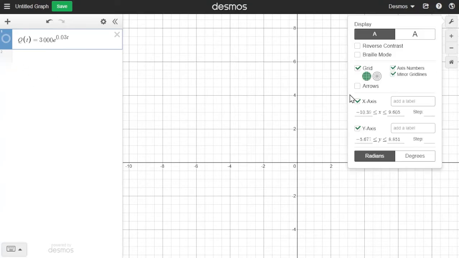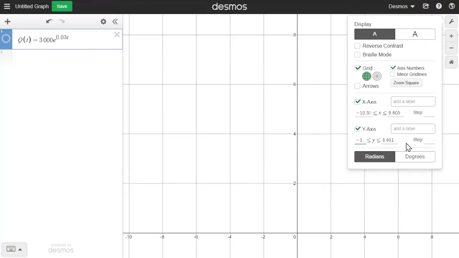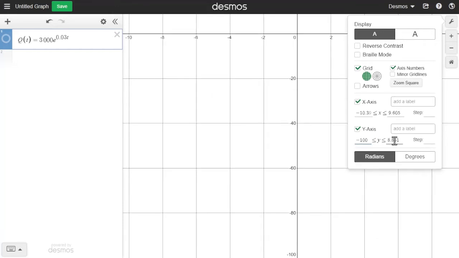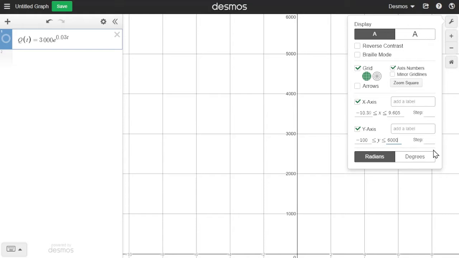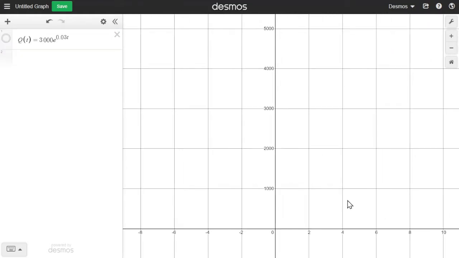Now let me adjust the graph grid a little bit. I adjusted the scaling on my graph.